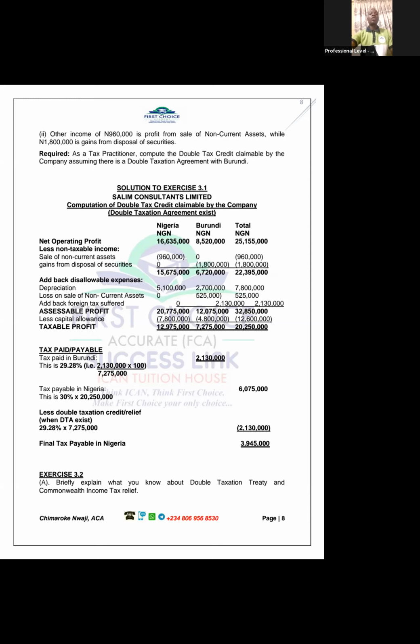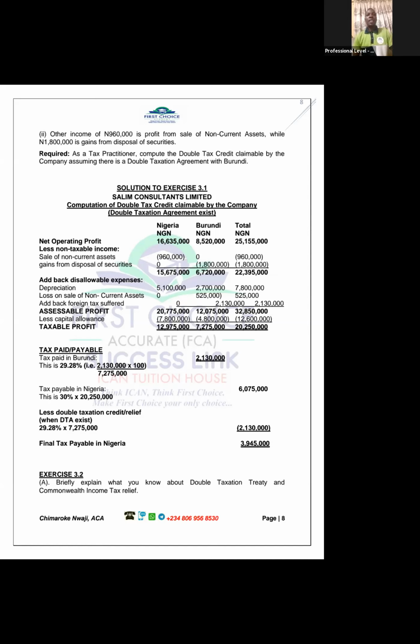Now, coming to the non-Nigerian company, if the Commonwealth rate of tax does not exceed the Nigerian rate of tax, the double taxation relief will be 1/2 of the Commonwealth tax rate.